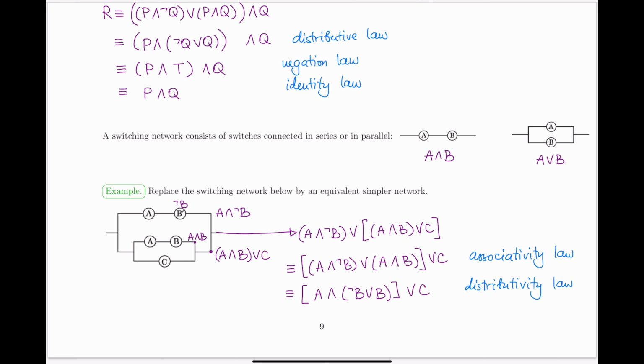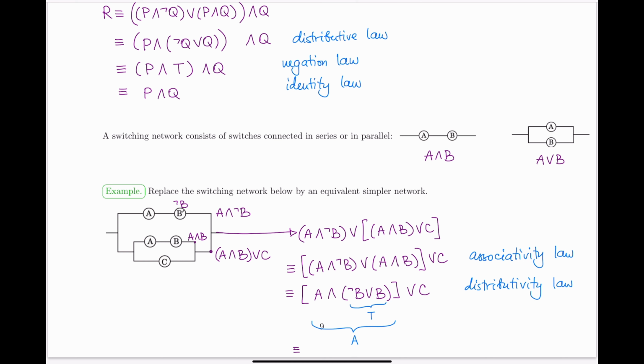And then I can follow the exact same things I have here. So I'm going to do a bit of a shorthand and say that B or not B is always going to be true as per negation law, which means that then I'm looking at A and true, which will be equivalent to A. And so what I'm going to have left is going to be equivalent to A. You know what?